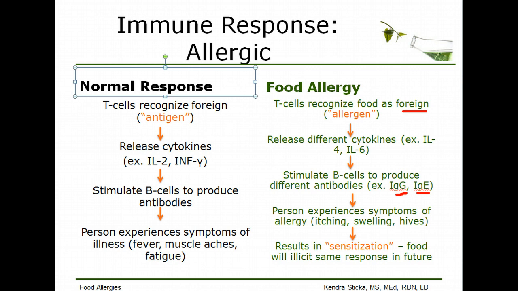And basically then this results in what we call sensitization to the food. So the next time that that person eats that food that they're allergic to, these same types of symptoms will happen. The body will recognize it as foreign. It will produce those antibodies, the IgG or IgE or whatever antibodies, and those symptoms will reoccur. So again, this is what happens in a person who has food allergies.